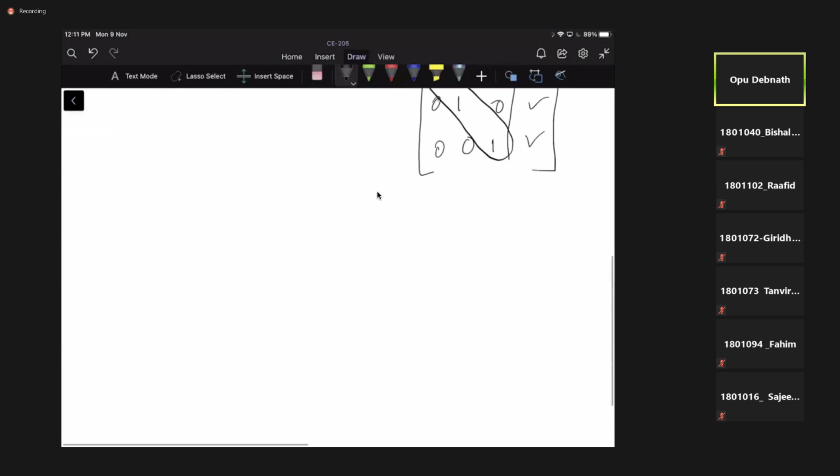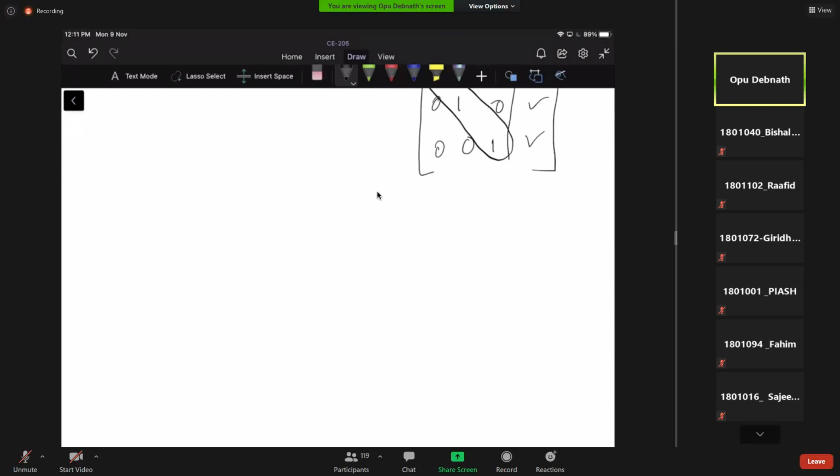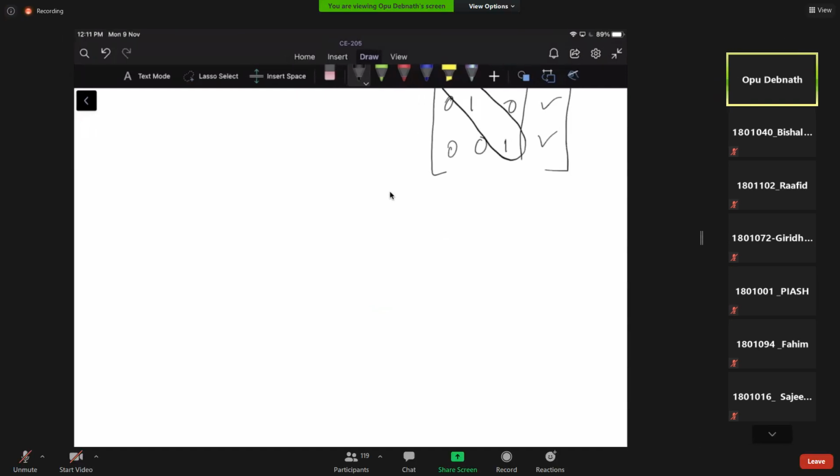So the elimination process is as discussed before. Let's start a new problem. I think we can try a 4 by 4 matrix. Up to the last class we solved a 3 by 3 matrix.